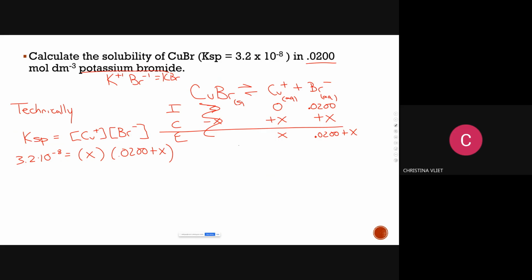So I'm going to write here: if your K is 100 times smaller than the concentration, you can ignore X's that are being added to numbers. The phrasing we say for that is we assume X is small. You can ignore X that is added to numbers.